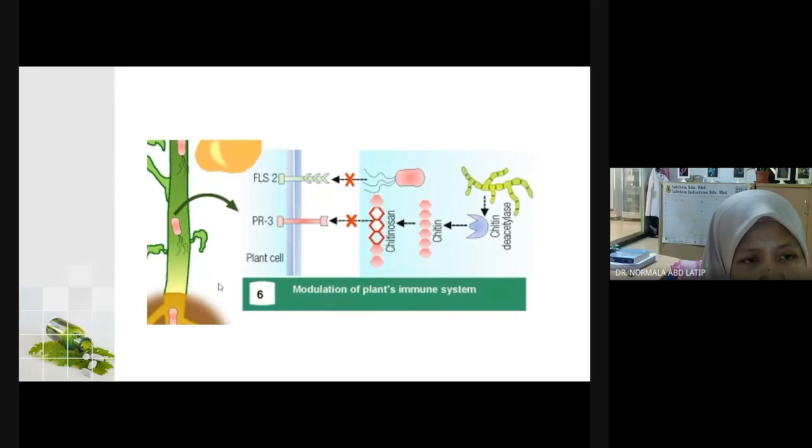So this is an illustration of how the fungal endophytes produce chitin deacetylase, so that they are not recognized by the host plant. This is how they prevent themselves from being recognized by the host plants.